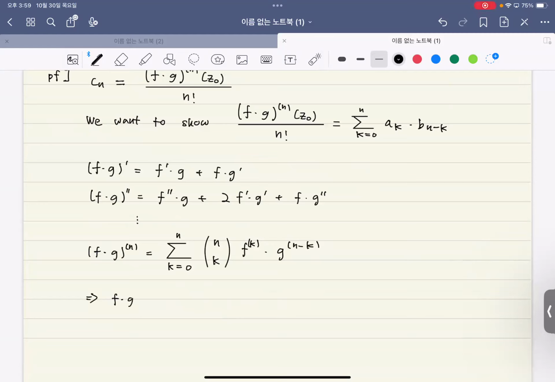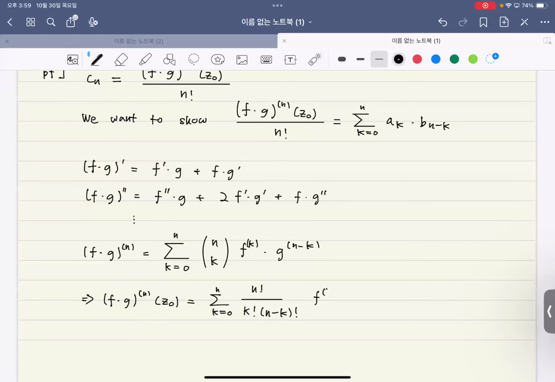This is a binomial coefficient, so let me rephrase it as n factorial over k factorial times (n minus k) factorial, times f^(k) of z0 and g^(n minus k) of z0. And this is just k factorial times a_k, and this is (n minus k) factorial times b_(n minus k).